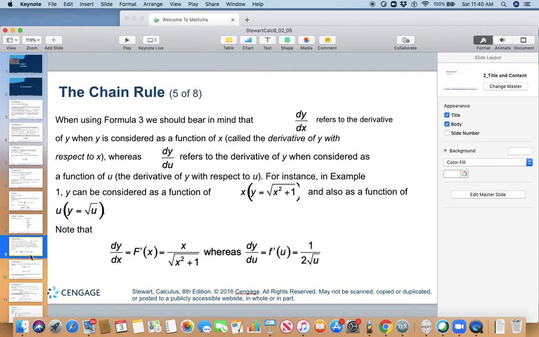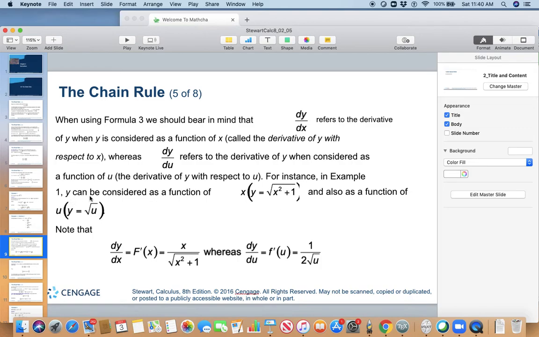Okay. So when using this formula, we must bear in mind that dy/dx refers to the derivative of y when y is considered as a function of x, the derivative of y with respect to x. dy/du refers to the derivative of y when considered as a function of u, that is, the derivative of y with respect to u.